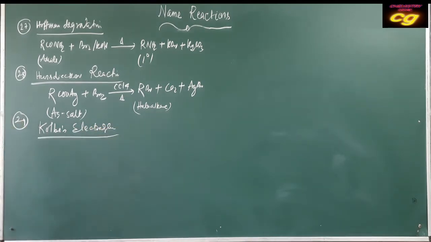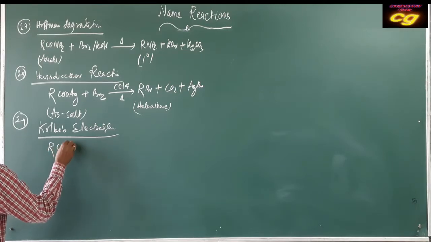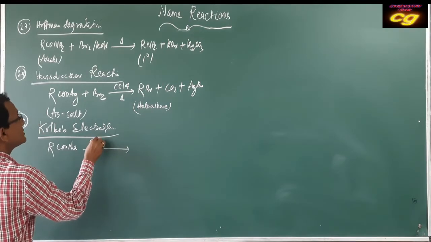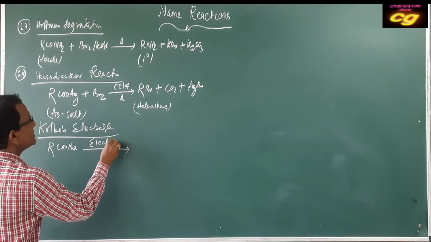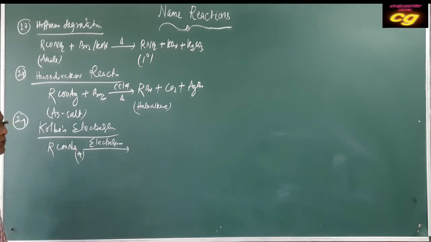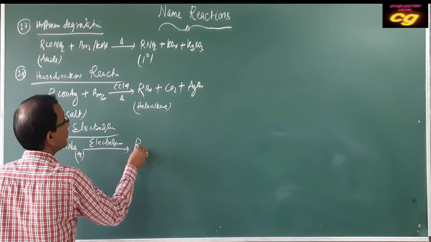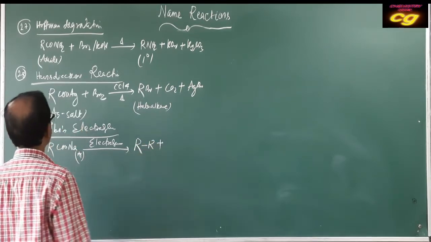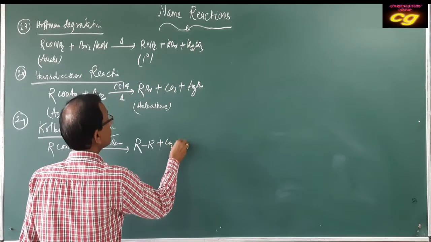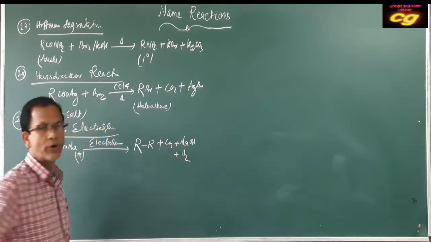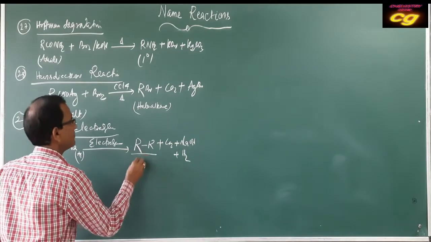Kolbe electrolysis method. In Kolbe electrolysis, if you take any salt of carboxylic acid, an aqueous solution under electrolysis produces alkane or alkene. Here it produces R-R and carbon dioxide plus sodium hydroxide plus hydrogen. These are the byproducts. Main product is alkane.